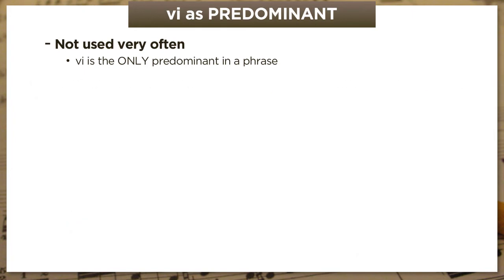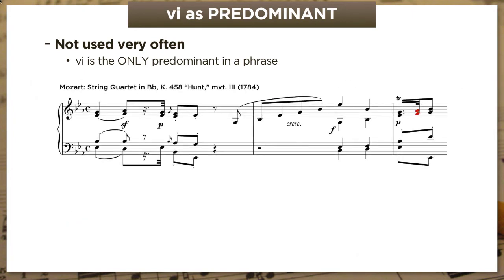One more predominant example. This is from Mozart's Hunt Quartet. The phrase starts with the bass line 1, 7, 1, 5, 1, which signals an alteration of tonics and dominants. Then he closes the phrase with a bass line that rises into tonic by step, 6, 7, 1.